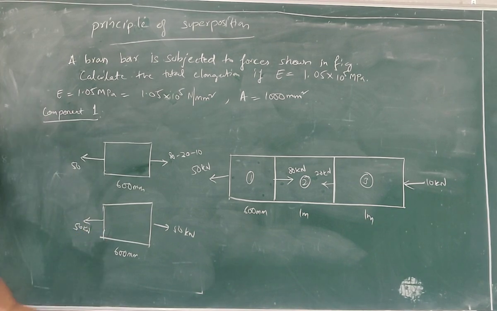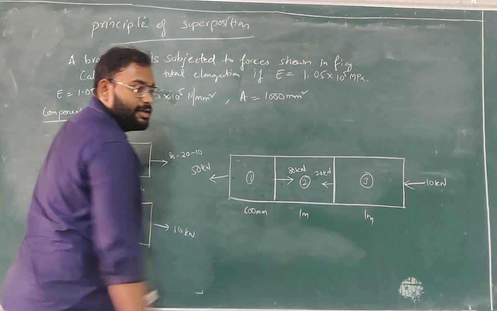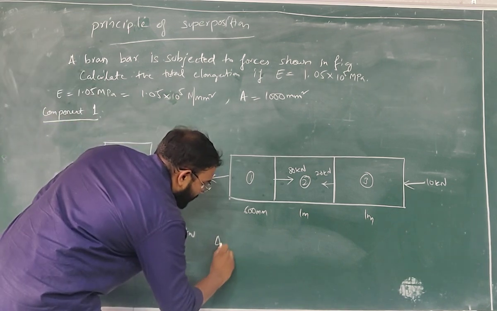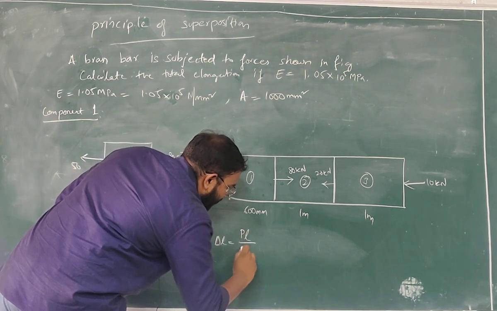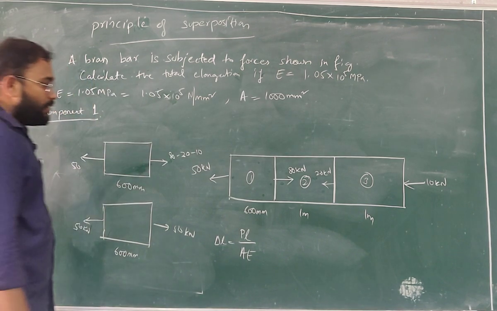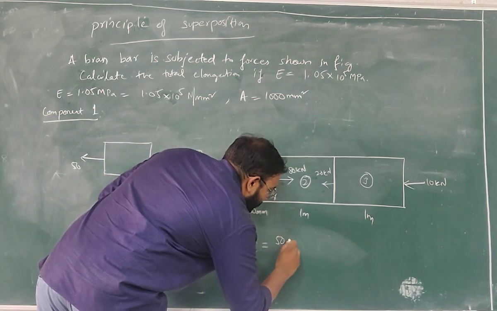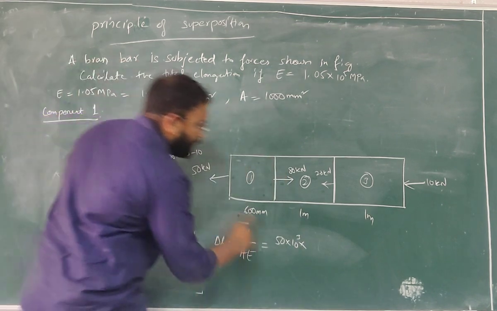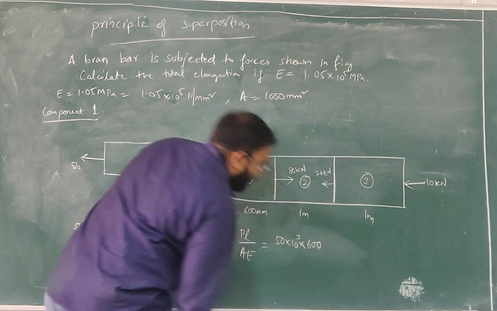Now, to calculate strain, what do I want? Change in length upon original length. I have the original length here. I need to calculate delta L. So delta L will be PL by AE, just as we derived. What is the force acting? 50 times 10 power 3, multiplied by L, which is 600 millimeter.